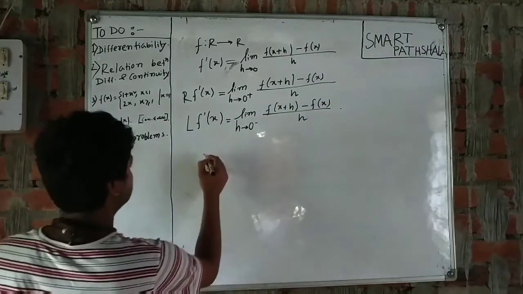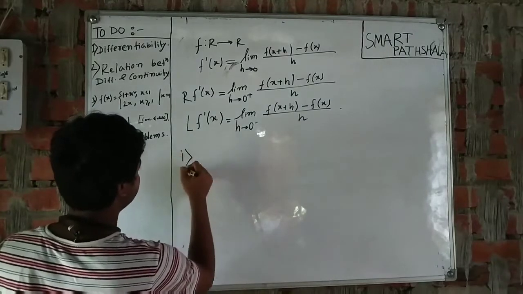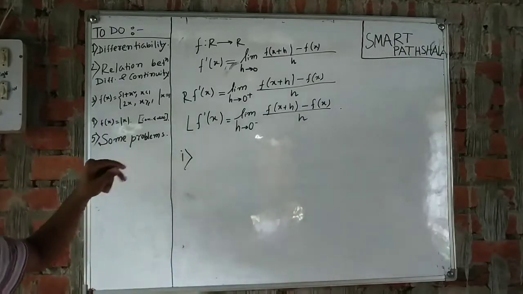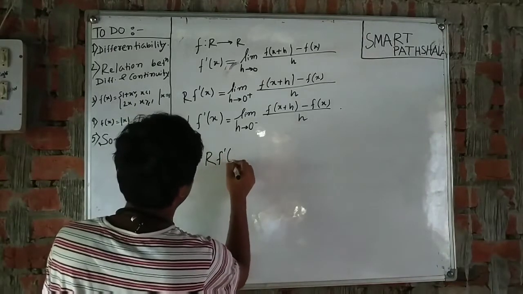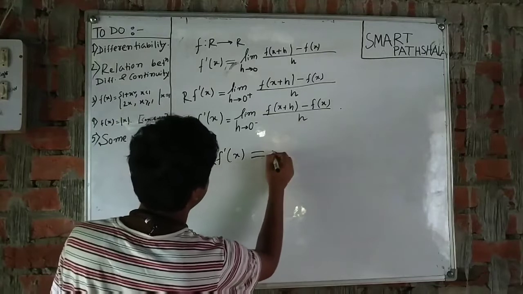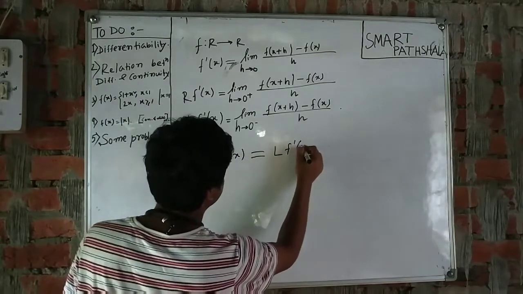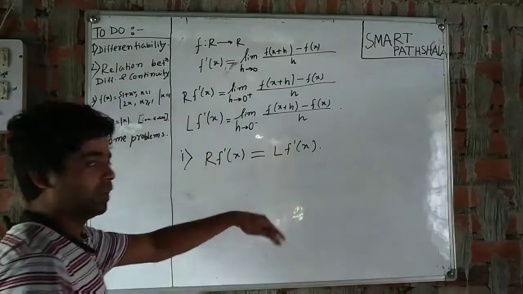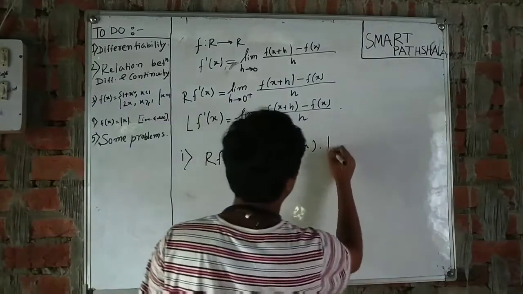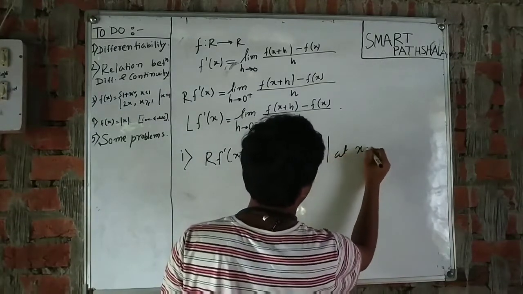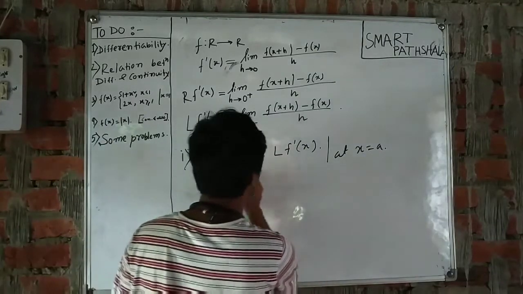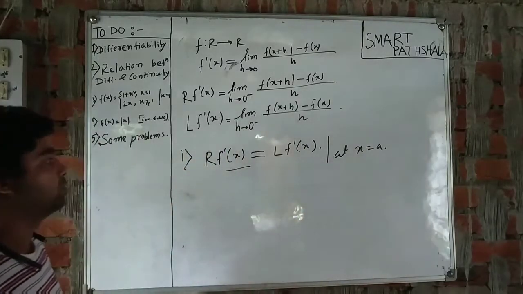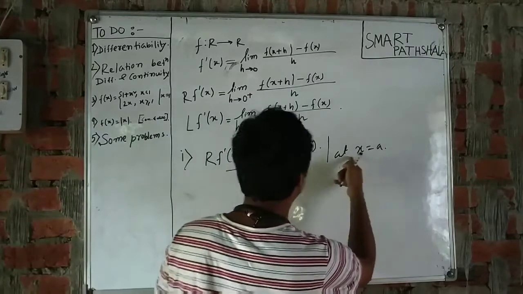So, the necessary condition for a function to be differentiable is that the right-hand derivative of f of x should be equal to the left-hand derivative of f of x at x equal to a. That is the condition for the function f of x to be differentiable at a point x equal to a.